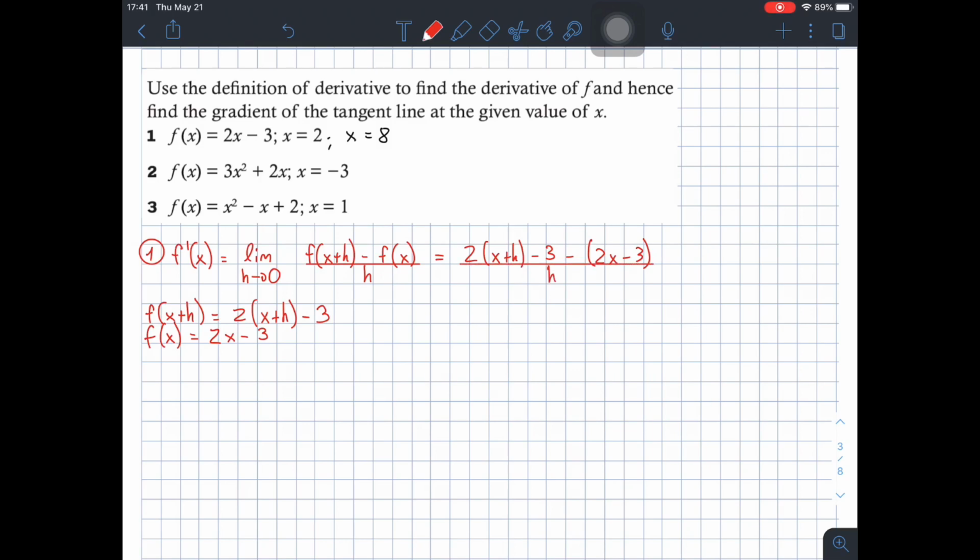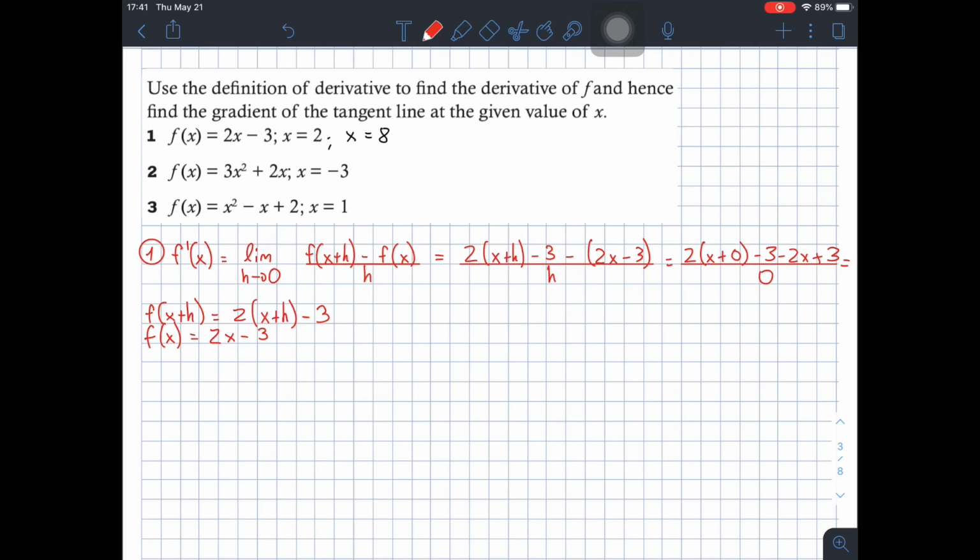We first try replacing the value of h with 0 and see what happens. Let me write step by step to make this clear: 2 times x plus 0 minus 3 minus 2x plus 3, divided by 0.